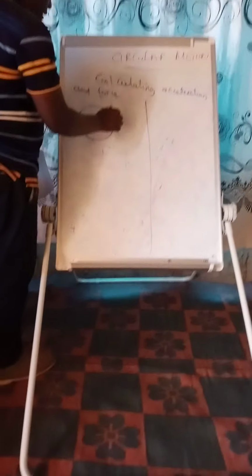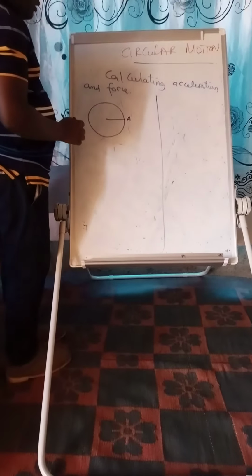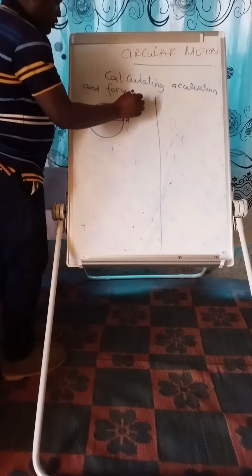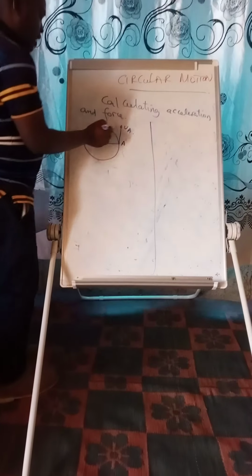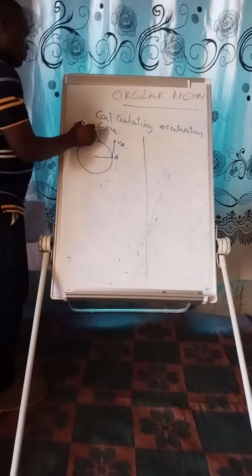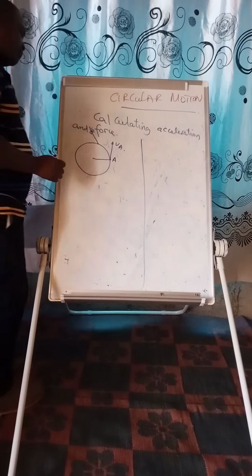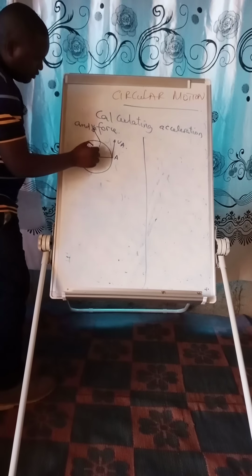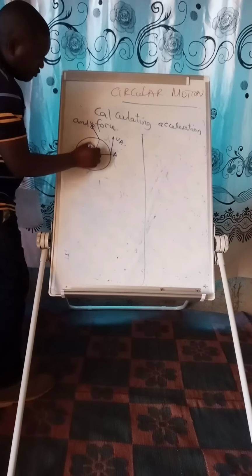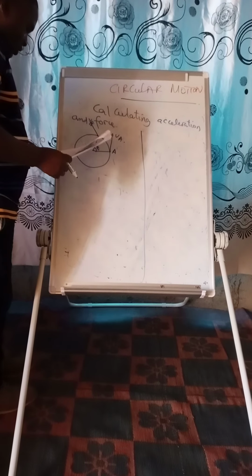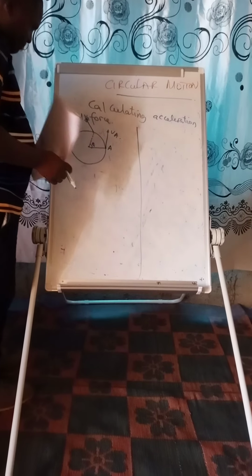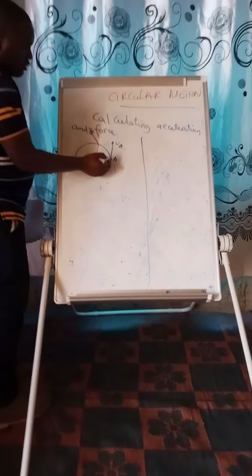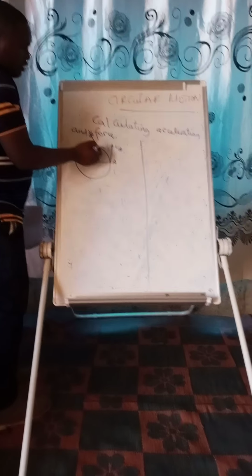An object is here, let's say object A. It's moving with velocity VA at point A. At point B, the velocity will be VB. If you find the angle here, it will be angle theta. It means that the velocity is changing as the angle increases.